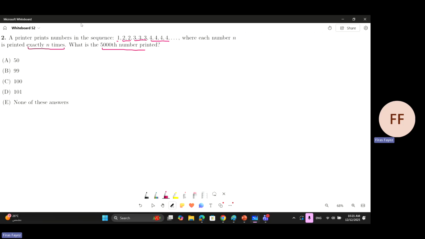so follow these steps to solve this question. What about step number one? Pay attention, guys. In step number one, you have to understand the sequence and its pattern.